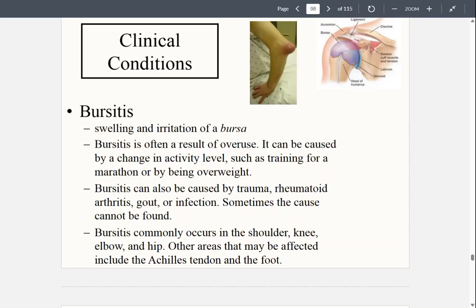You just have an inflamed, angry bursa sac. The most common areas to have bursitis are your shoulder, your knee, your elbow, your hip, the joints that we tend to use a lot. We have seen it in the Achilles tendon in the foot, though, just not nearly as frequently. Can it happen in other bursa sacs and other places in the body? Yes, just not frequently.